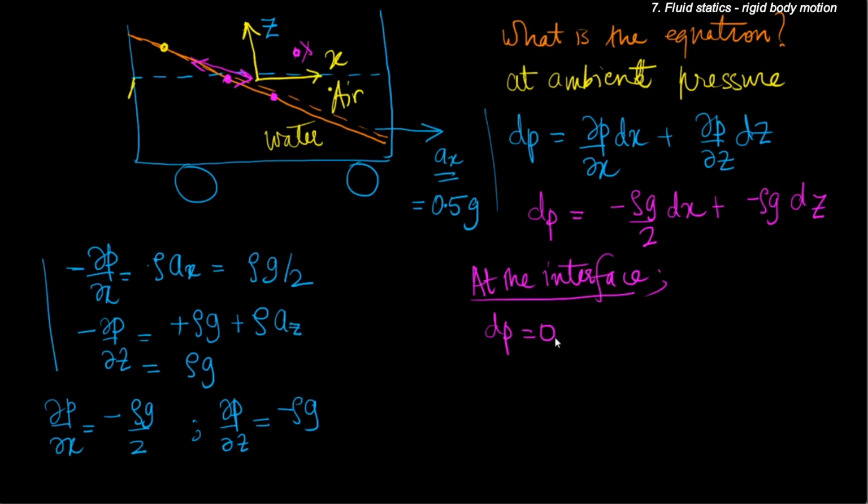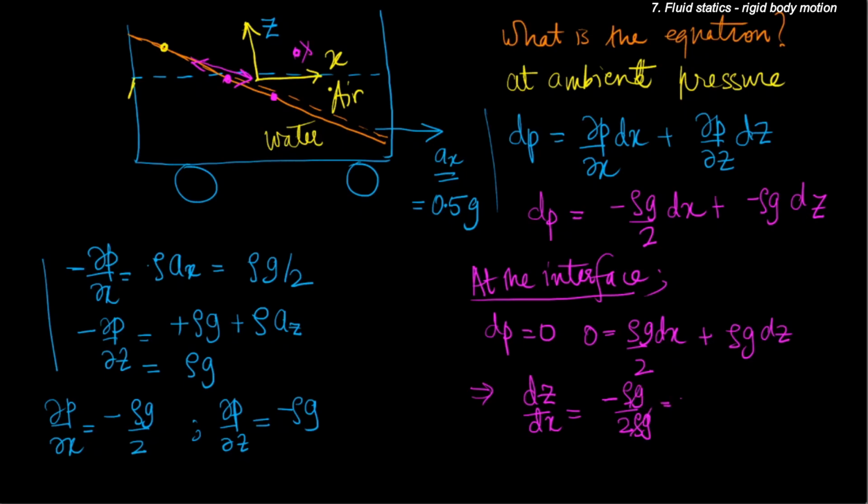So at the interface dp is equal to 0. So we have 0 is equal to rho g upon 2 dx plus rho g dz. This implies at the interface dz upon dx is going to be equal to, so we've taken this on the left hand side, minus rho g upon 2, and that will be divided by rho g.